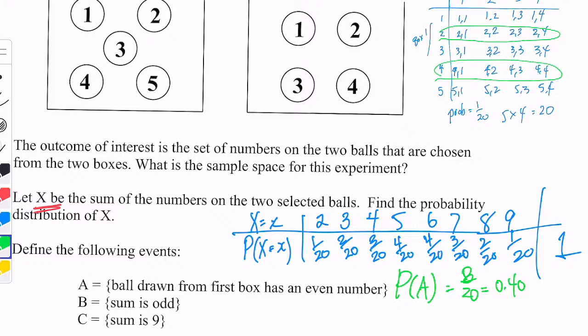B is the event sum is odd. I'll use a different color for that. I'll use red. Sum is odd. So which one will give you an odd sum? Well, we have to remember back to the sum. So sum is odd would be 3. Let me make this big again. Sum is odd.